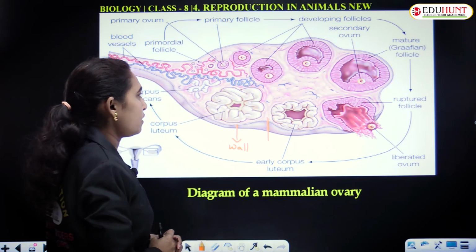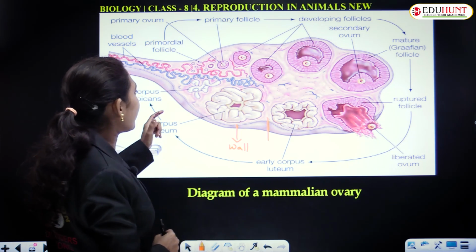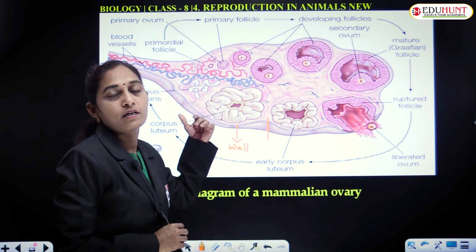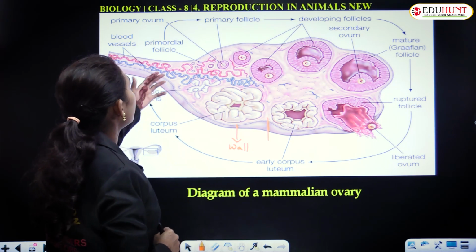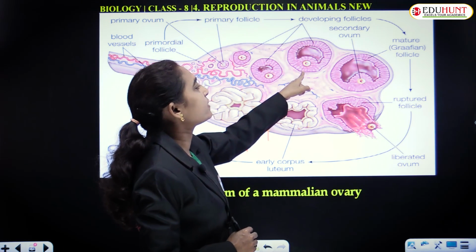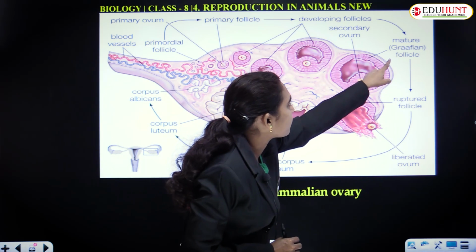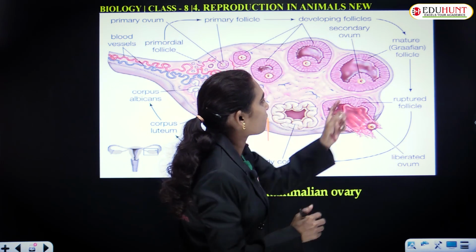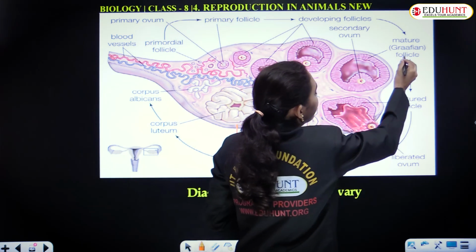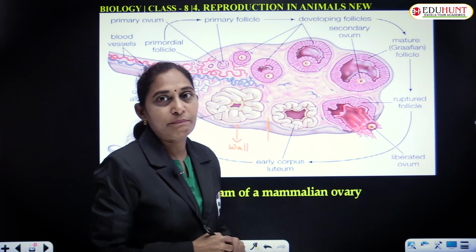This is the structure of the ovary, and you can see the development of the ovum within it. This is the primary follicle, and these are the developing follicles. It is the secondary ovum, and here you can see the mature Graafian follicle enclosing the ovum, which liberates out after it matures.